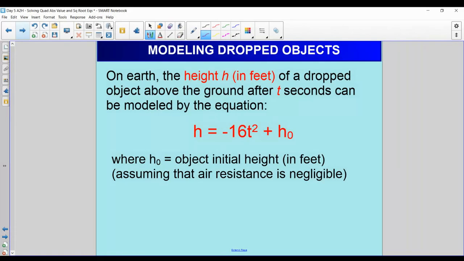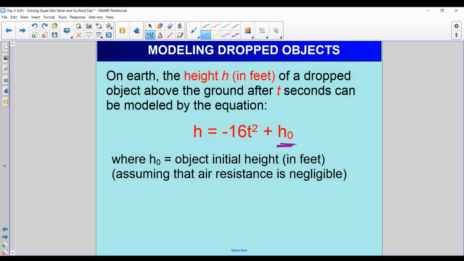Just an application of that. If I think about dropping an object, and this is specific to Earth, the height of a dropped object after t seconds is modeled by this equation, h equals negative 16 t squared plus h sub 0.